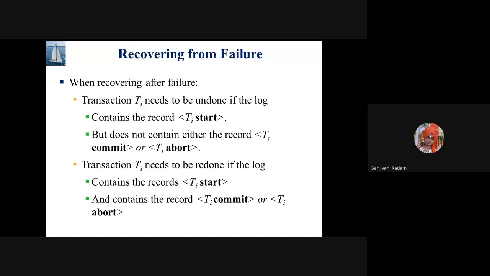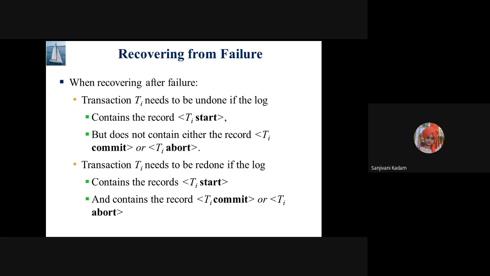And if TI abort is there, it means that changes are not done to the buffer, so do not make any changes to the disk either. If transaction commit is there, whatever changes were done to the buffer, let the system write to the disk. If TI abort is there, it means no changes are done to the buffer. Let the buffer write the old value to the disk.